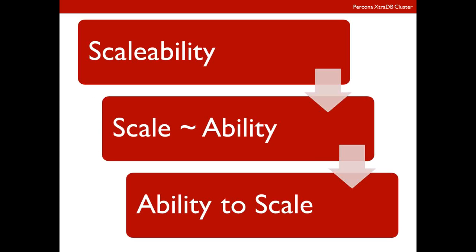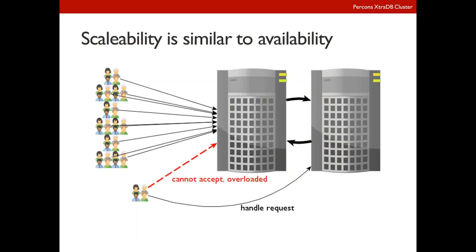And at this time, now I would like to continue with scalability topics. Scalability for me is quite similar to availability. This is why we can use XtraDB cluster for needs to scale our load. Scalability is similar to availability in the sense that it can be handled by redundancy.